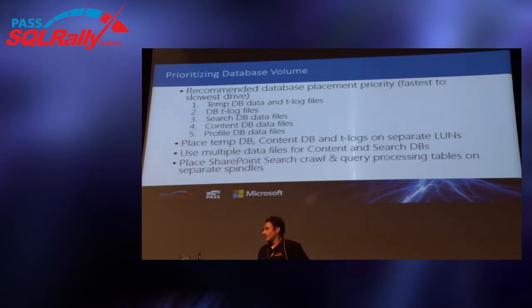If you can, place SharePoint search, crawl, and query processing on separate spindles. But the key here is to distribute equi-sized data files across separate disks. And also, multiple data files are not supported for other SharePoint databases than these ones. So it's not an option for the Performance Point Service database, for example.